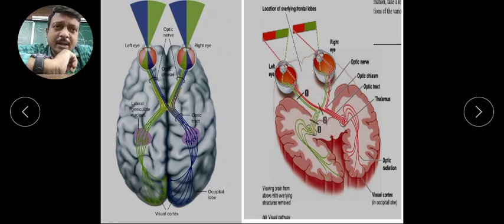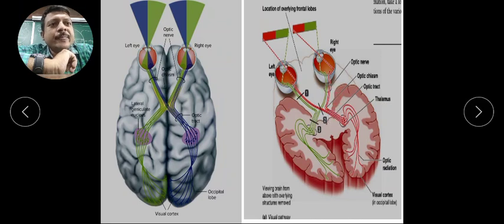That means the fibers of the nasal half of the optic nerve cross at the optic chiasma, which is present on the body of the sphenoid bone, and the fibers of the temporal side of the optic nerve do not cross.